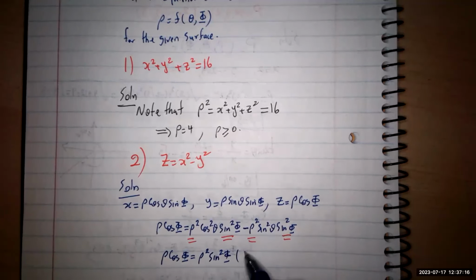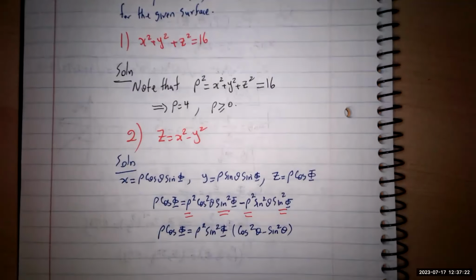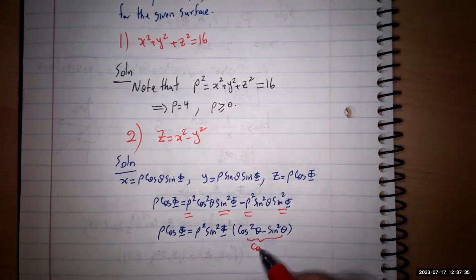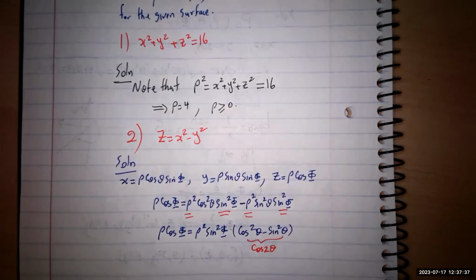The leftover depends whether it's a difference or the sum. Most of the time it's the same, so that gives you 1 right away. But this is a difference, you know that cosine squared minus sine squared in trig is the cosine of the double angle. See? So remember rho is a non-zero number. In this case, you divide by rho.